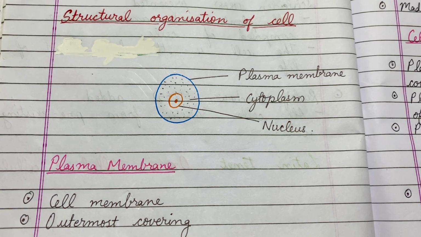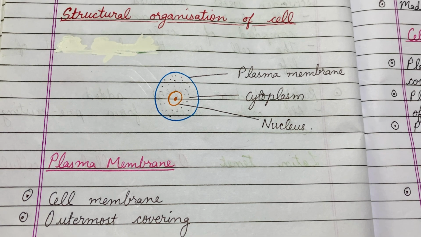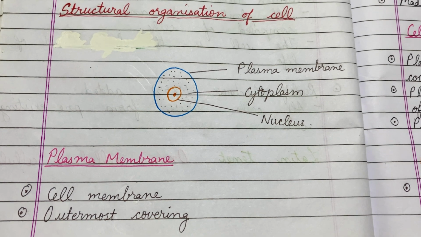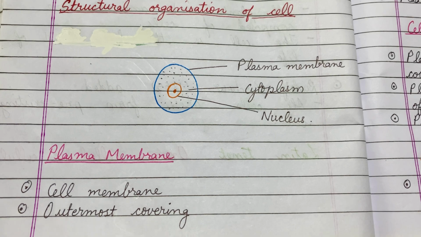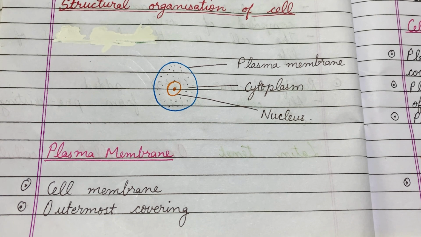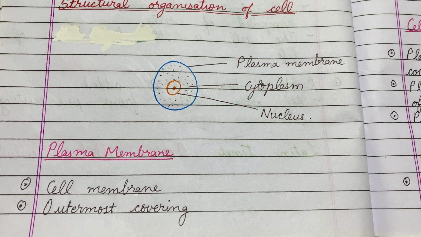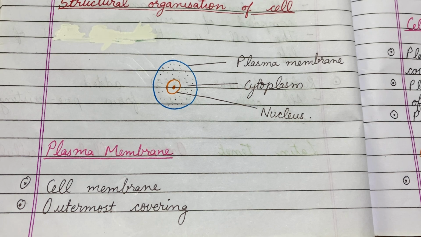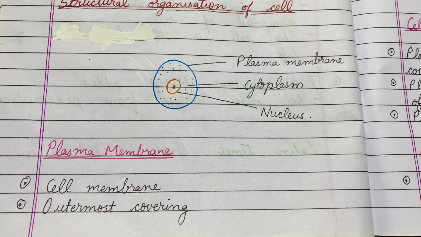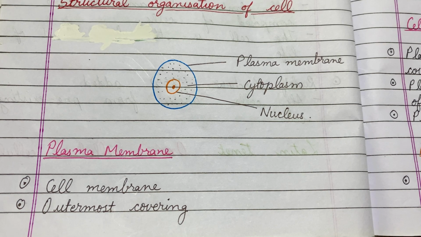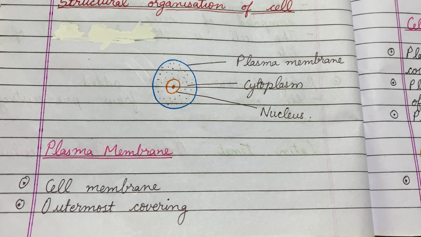It is the outermost covering of all the cells. The central portion is the nucleus, and the region between the plasma membrane and nucleus is the cytoplasm, which has cell organelles in it. Next, we will know more about these components, and we will start with the plasma membrane.